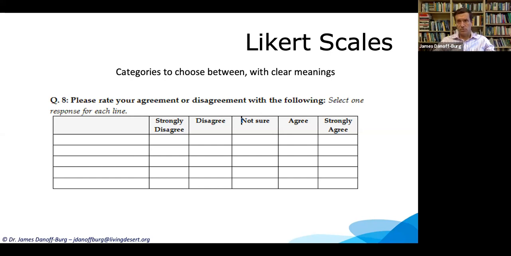Which answers the larger research question. So for this Likert scale, we can come up with a great diversity of items very quickly. So what I'd like you to do, same thing as before, think about a bunch of statements that you would like to see how well people agree or disagree.